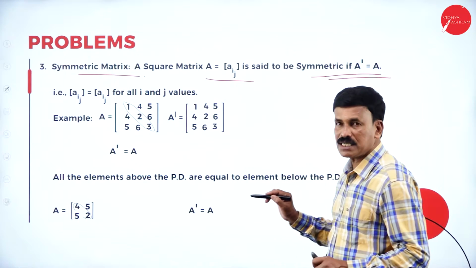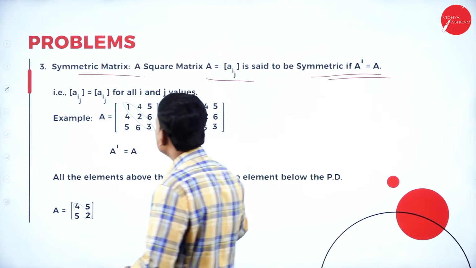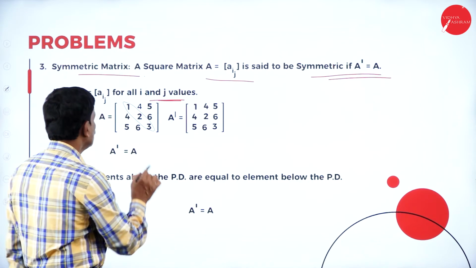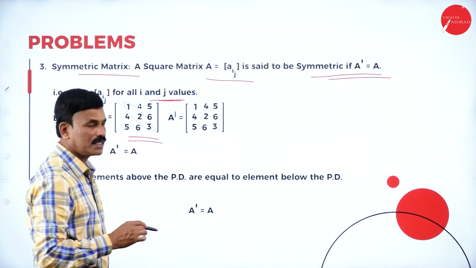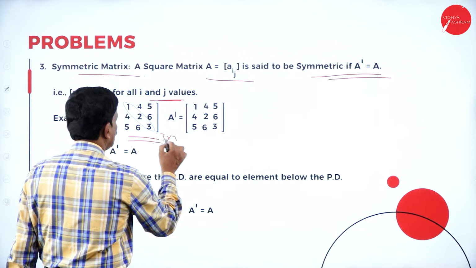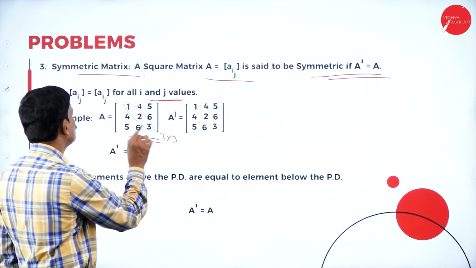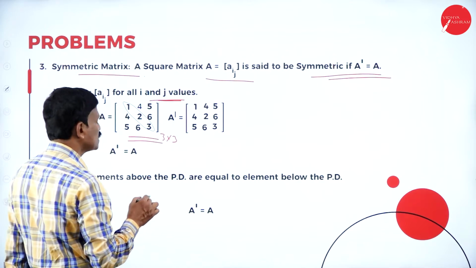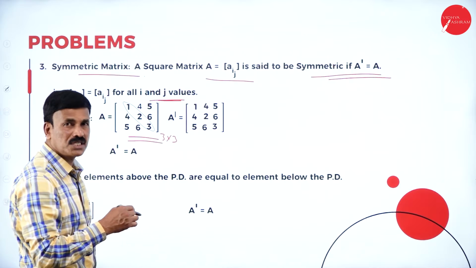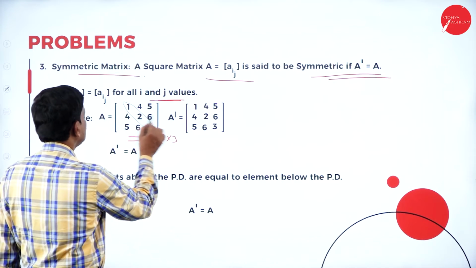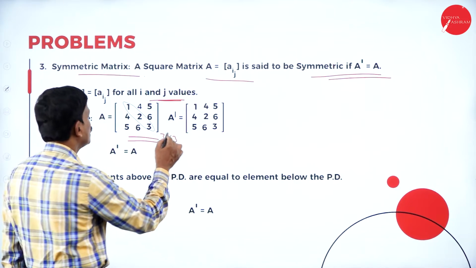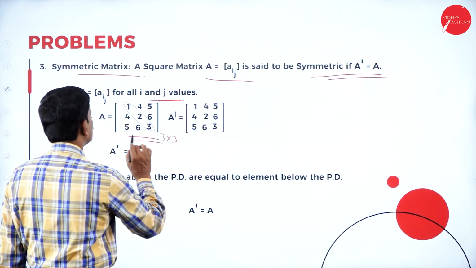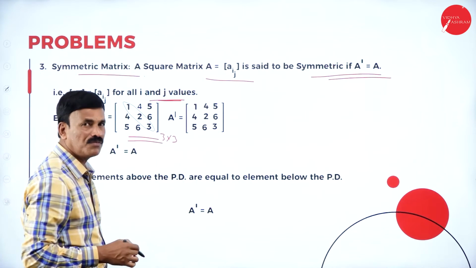Now let us consider an example, that is Aij is equal to Aji for all values of i and j. Now if A is a square matrix of order 3 rows and 3 columns: first row 1, 4, 5; second row 4, 2, 6; third row 5, 6, 3. Now let us transpose this. The transpose A dash: first row contains 1, 4, 5; second row 4, 2, 6; third row becomes third column, 5, 6, 3.